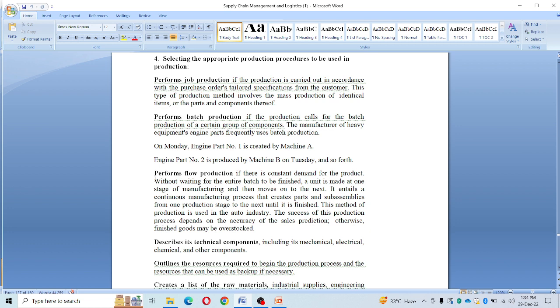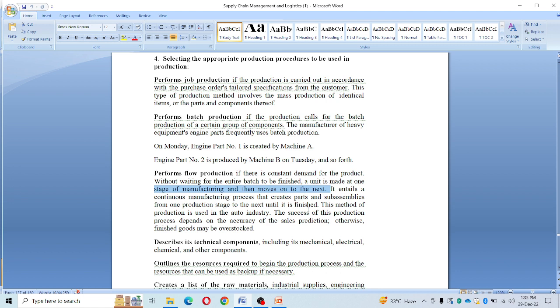Then flow production. What does flow production mean? If there is a constant demand for the product, without waiting for the entire batch to be finished, a unit is made at one stage of manufacturing and then moves to the other. In such a case, as constant demand for the product comes from the market, production is completed batch by batch.